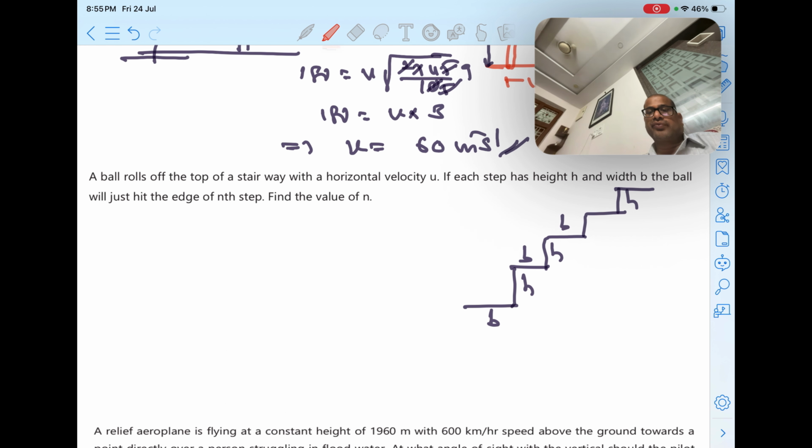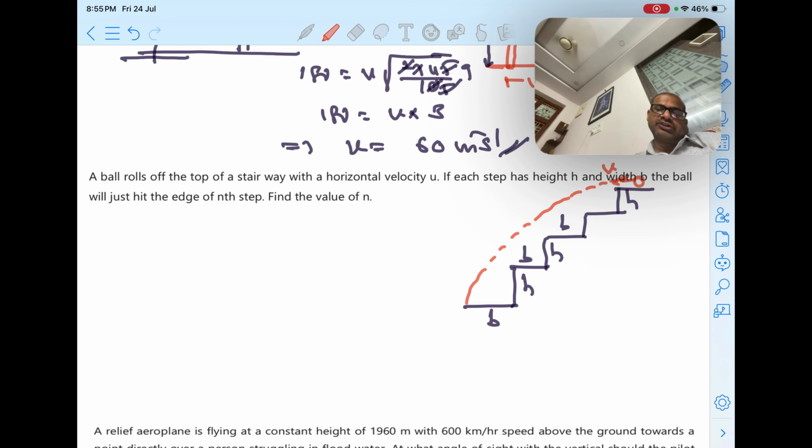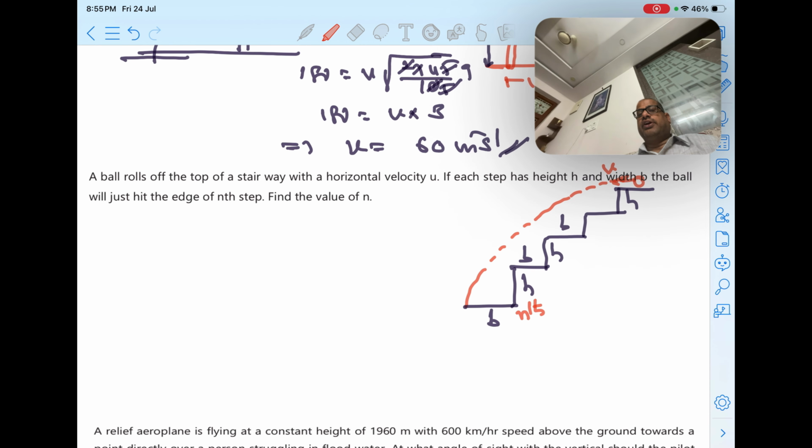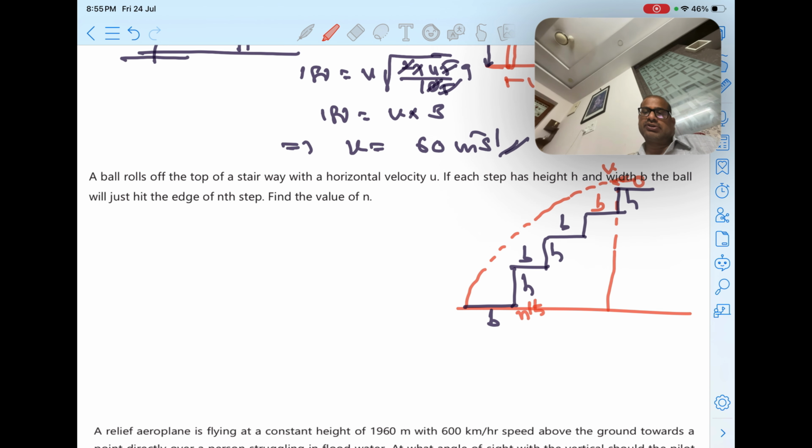So the ball is rolling from the topmost step in this way with some velocity u. Now it has to go horizontally, but because of gravity it falls and hits, for example, the nth step. You see the diagram I am drawing, so it falls over here on the nth step. Each width is b, so for the nth step the horizontal distance traveled is n into b.